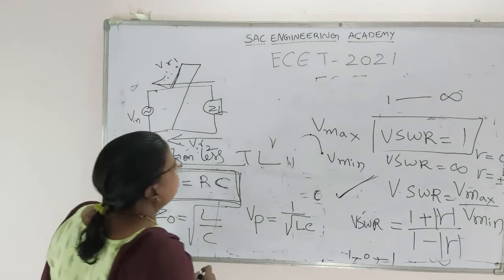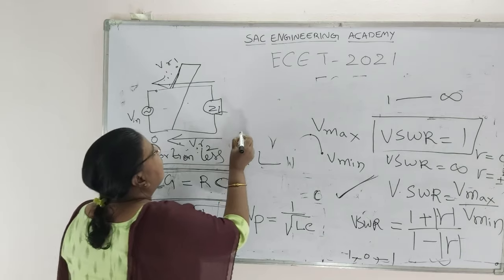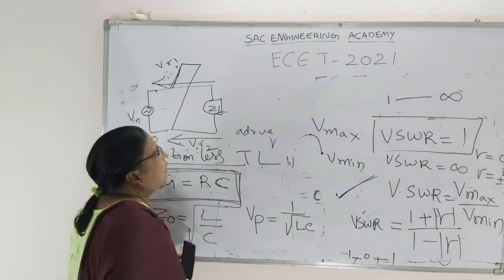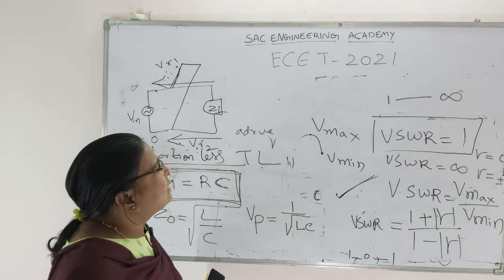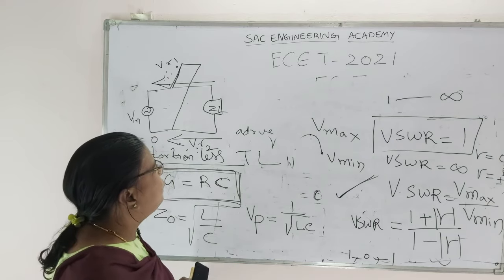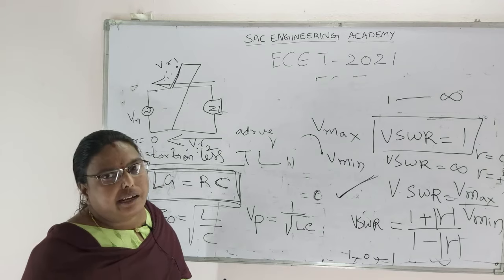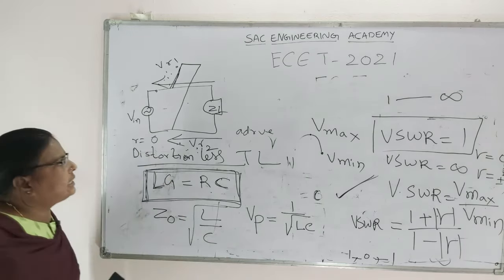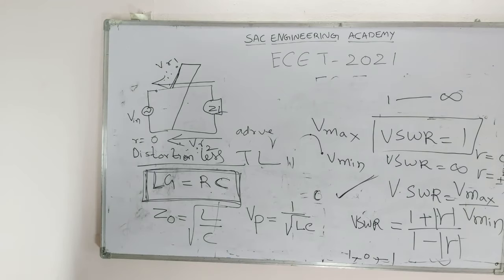Double stub is more advanced, meaning more accurate results. Next, open stub is used as a radiator, which is one application. Next, quarter wave, where the length of the transmission line is a quarter wave.